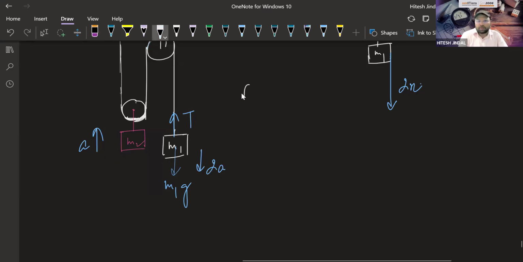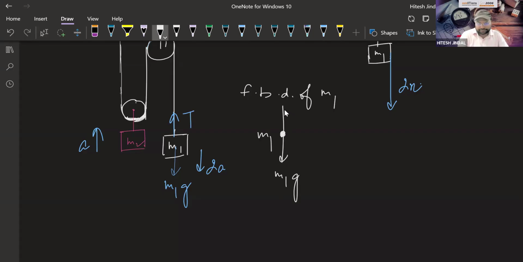So how can I draw the FBD? FBD of M1. FBD means free body diagram. Free body means we have to free the body from the system and identify all the forces. So this is my M1. One force is M1G, the other force is T. And this is going down with acceleration 2A, so it must have a net force downward.